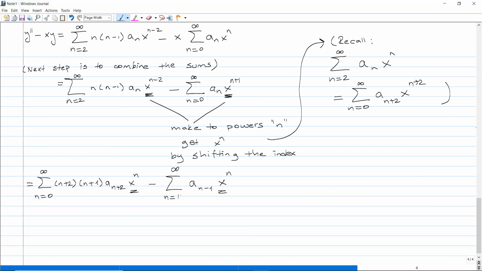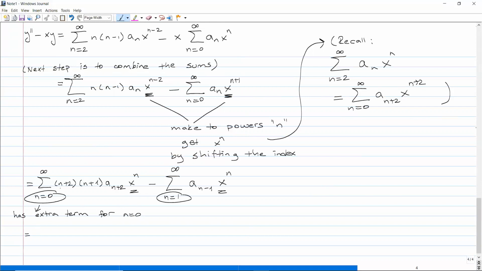But the starting points are different. The first one starts from 0, the second one starts from 1. So the first one has an extra term for n equals 0. So that term I write first. What is the term?